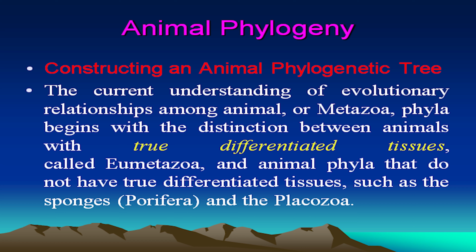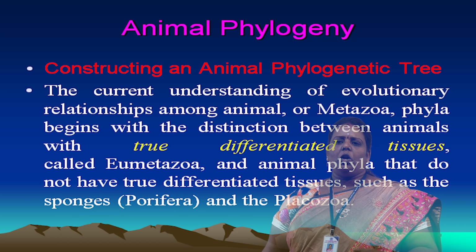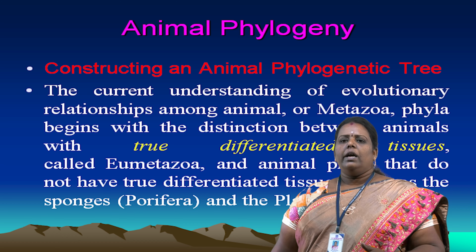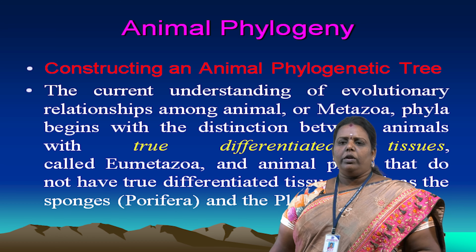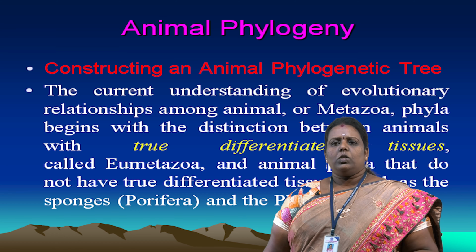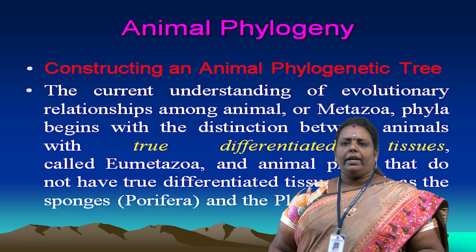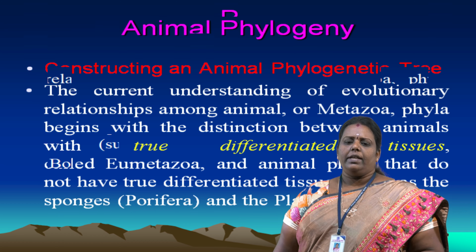The metazoan phyla begin with the distinction between animals with truly differentiated tissue, called eumetazoa, and animal phyla without truly differentiated tissues, such as sponges, I mean porifera, and placozoa also. We know that metazoa are multicellular organisms.